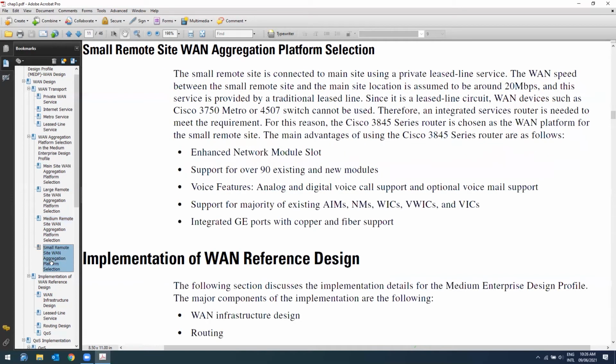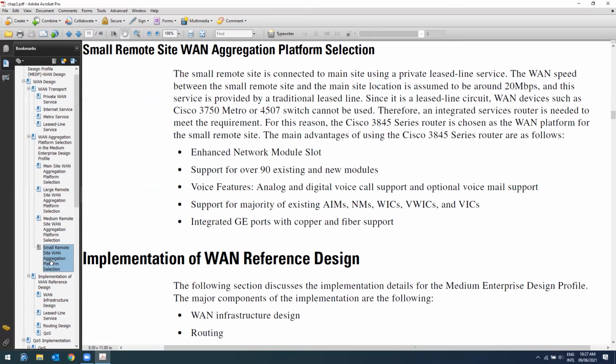And small remote site, okay, the small remote site is connected to the main site using a private leased line service. The WAN speed between the small remote site and the main site location is assumed to be around 20 Mbps, and this service is provided by a traditional leased line.